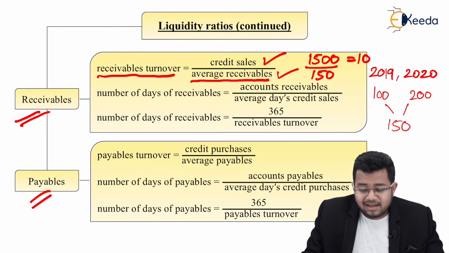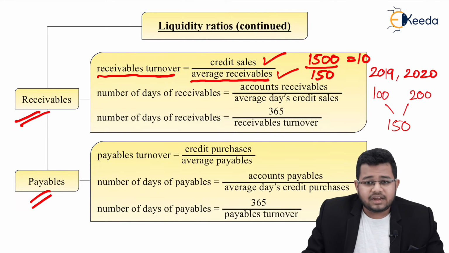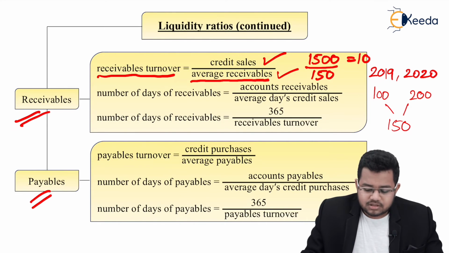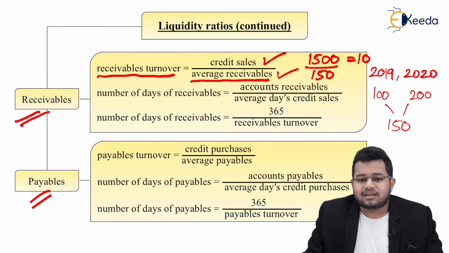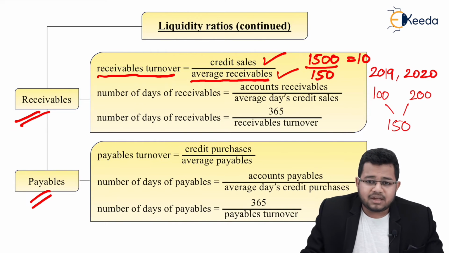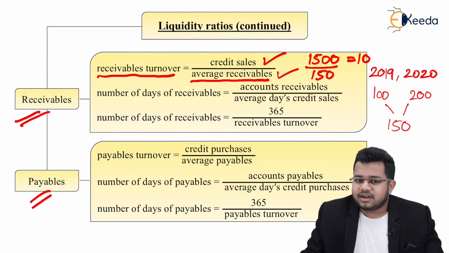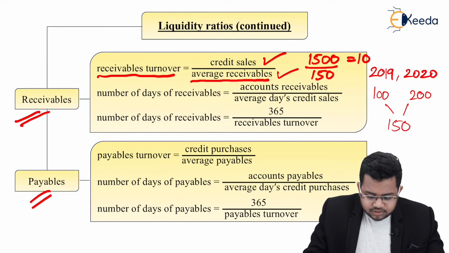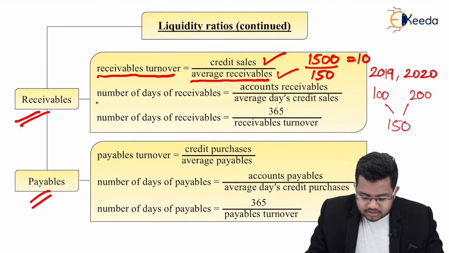So basically, 10 times in a year I have created some receivables and I have collected cash out of them. So 10 is nothing but a cycle. Receivables turnover is the number of times I have created receivables and collected cash.